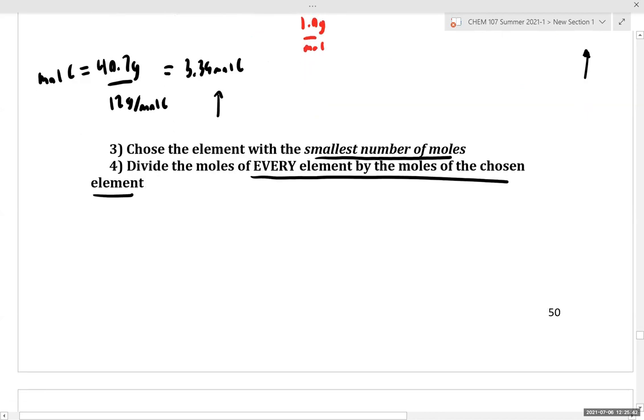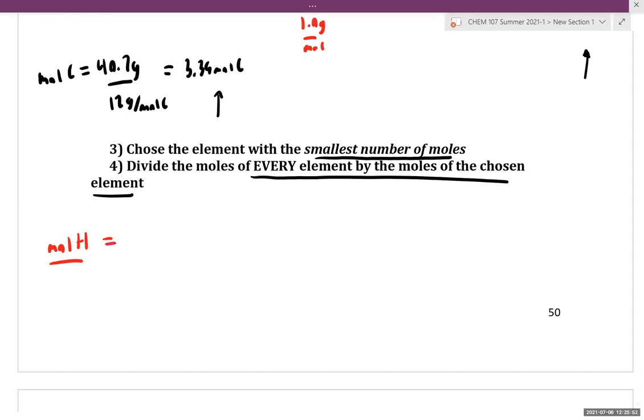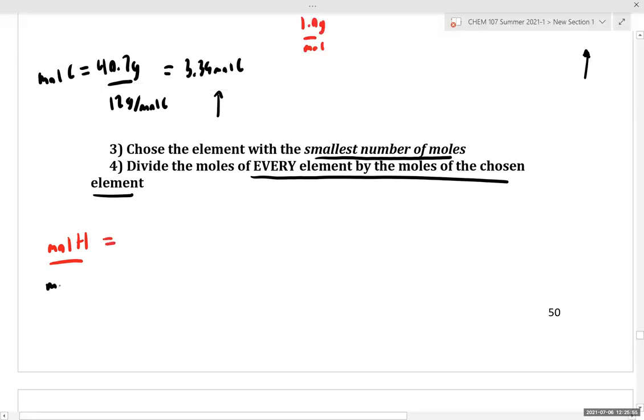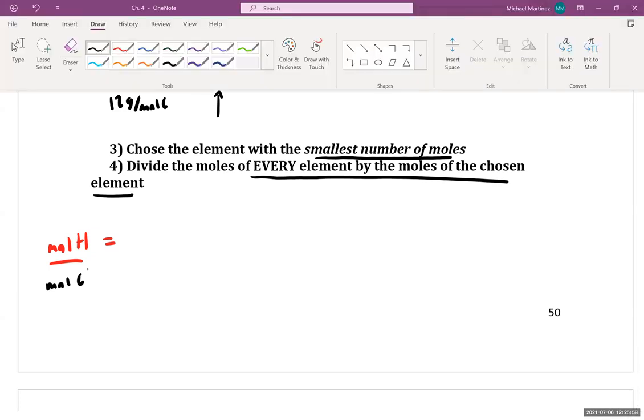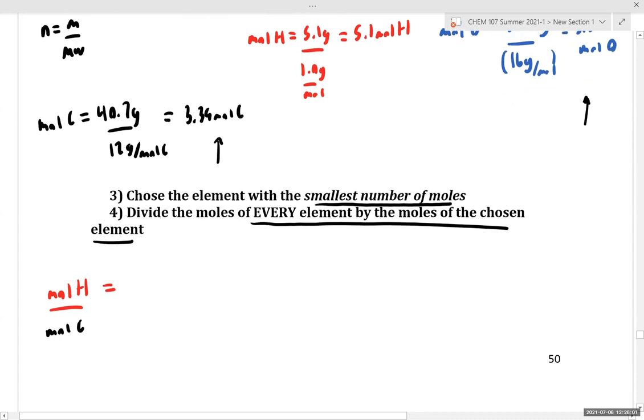Okay, so in this case, we're going to write out our moles of hydrogen, and we're going to look at the ratio of the moles of hydrogen per mole of carbon. For the moles of hydrogen, we've established that we had 5.1 moles of hydrogen.